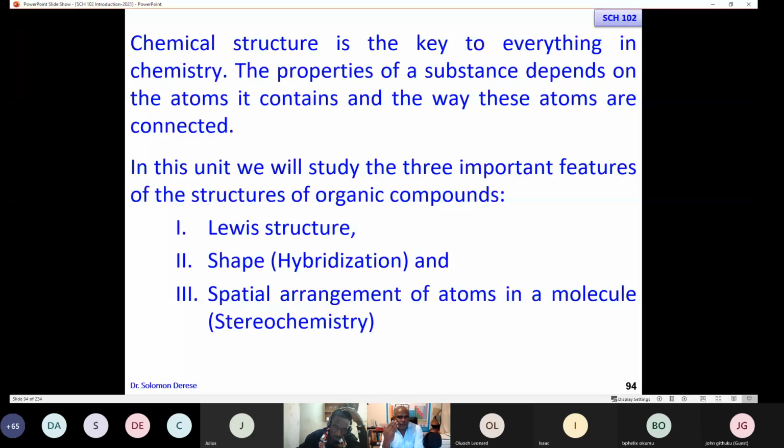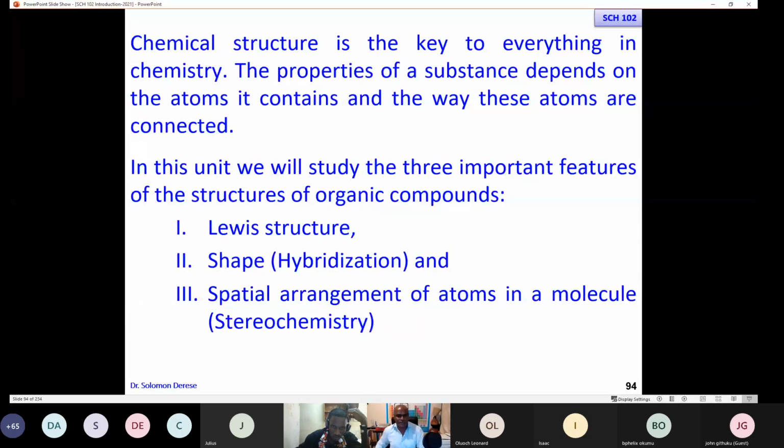So the structure of a molecule, on which its property depends, is determined by these 3: the Lewis structure, the hybridization, and the stereochemistry. As a result, in this unit, we'll study these 3 aspects of the structure of a molecule.